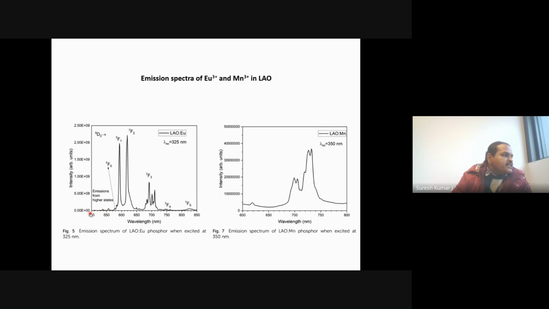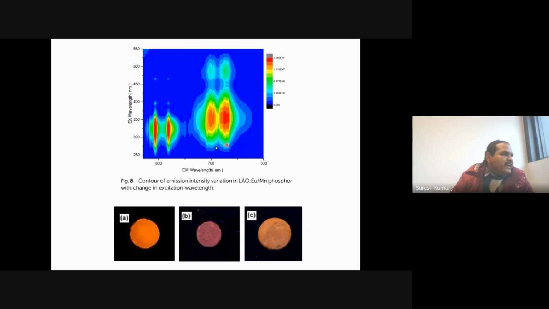The emission spectrum of europium is highly intense in the region between 600 and 750, whereas the manganese emission is from 650 to 775 nanometers. Combining these two as a co-doped LaAlO3 with europium and manganese, we have emission between 570 and 775, where there is a small gap here.